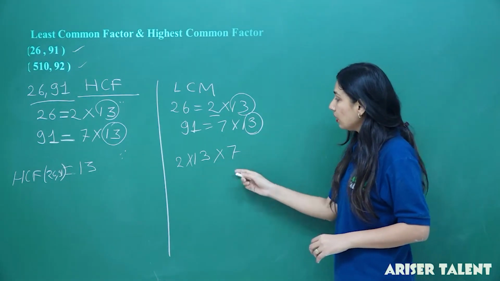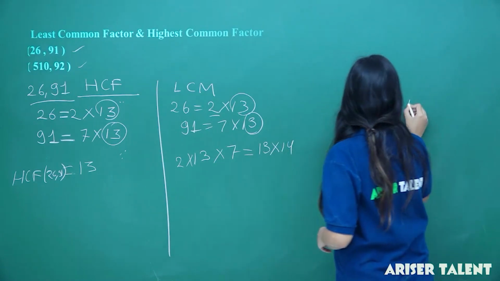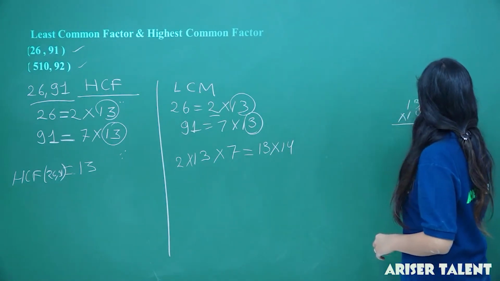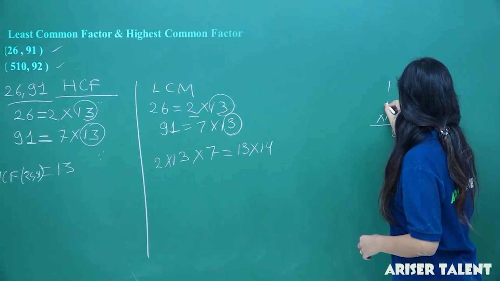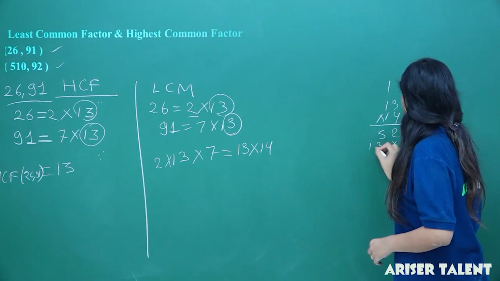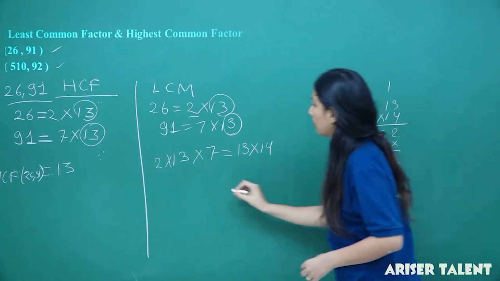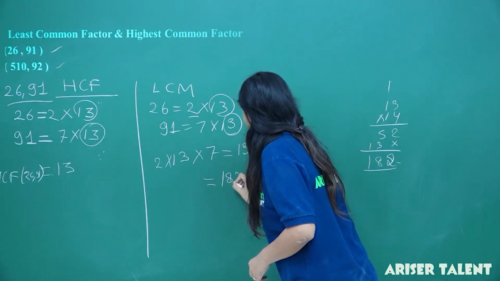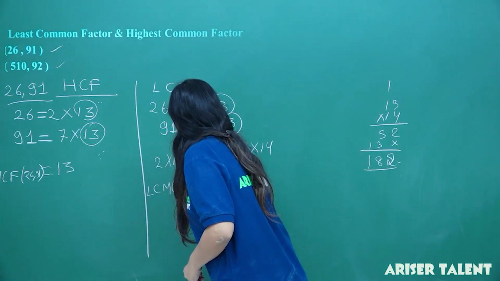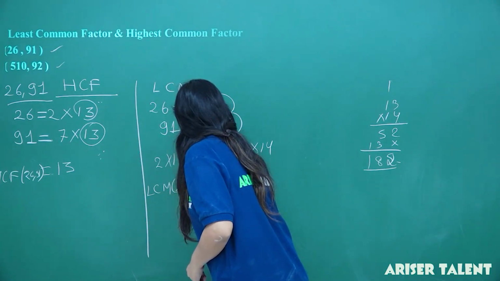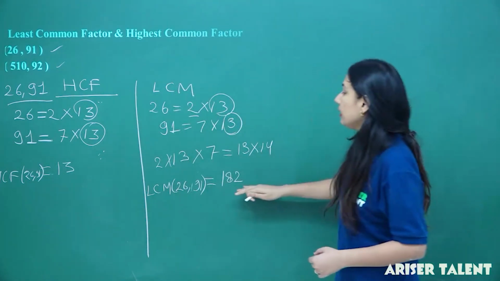So, it will become 13 into 14. Now, 13 multiplied by 14 is 182. Okay. So, LCM of 26 and 91 is 182.